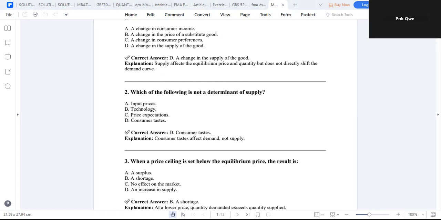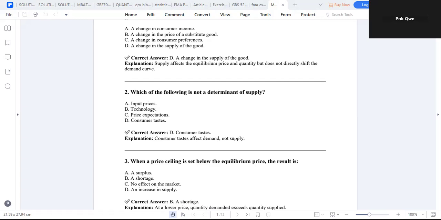Question number two: which one of the following is not a determinant of supply? We must understand that the law of supply states that the higher the price, the higher the quantity supplied.